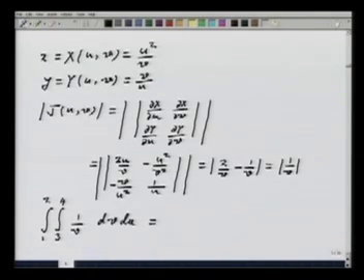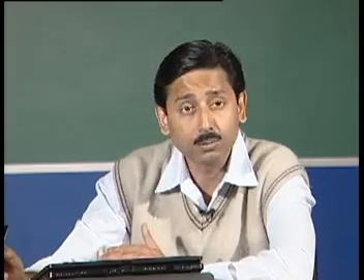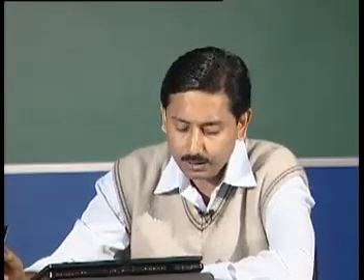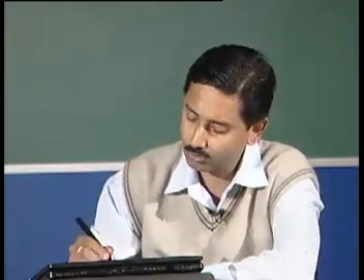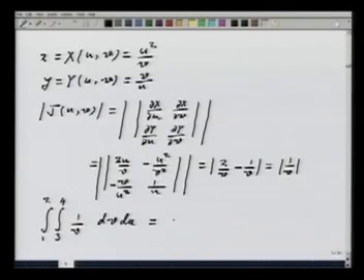I can first integrate the v variable that produces log v, that means log 4 minus log 3. So it is integral 1 to 2 log of 4 by 3 du. But in the integrand there is no u, so I take it out of the integral, and what I get is integral 1 to 2 du, which is 1. So the final answer is log of 4 by 3.